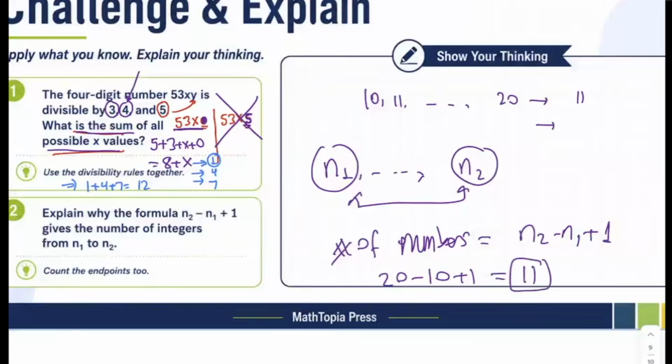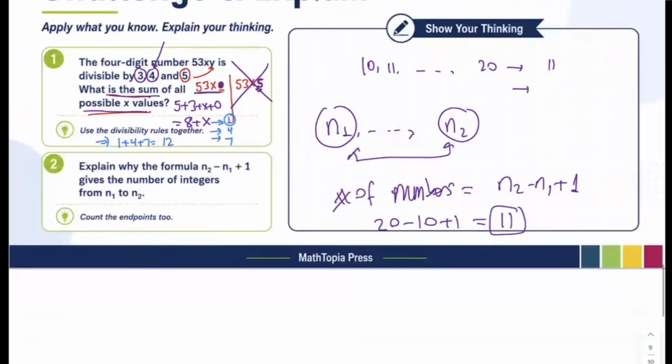Okay, think about this one. Finally, let's think about this one. Let's say you have 20, it goes 21 and then up to 35. If you write it out, how many numbers do we have?